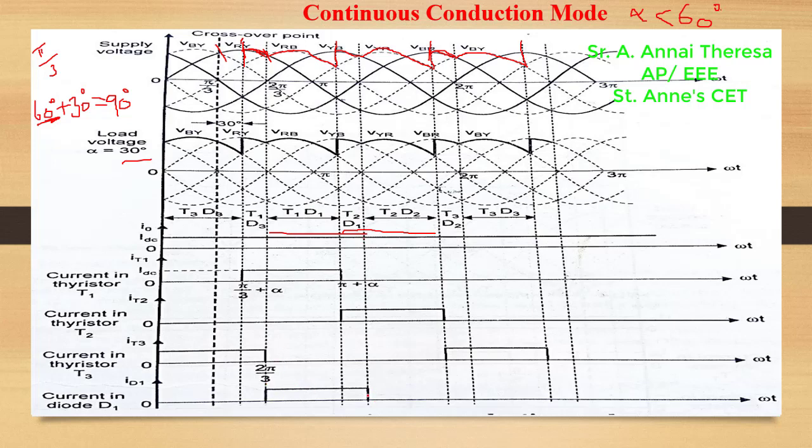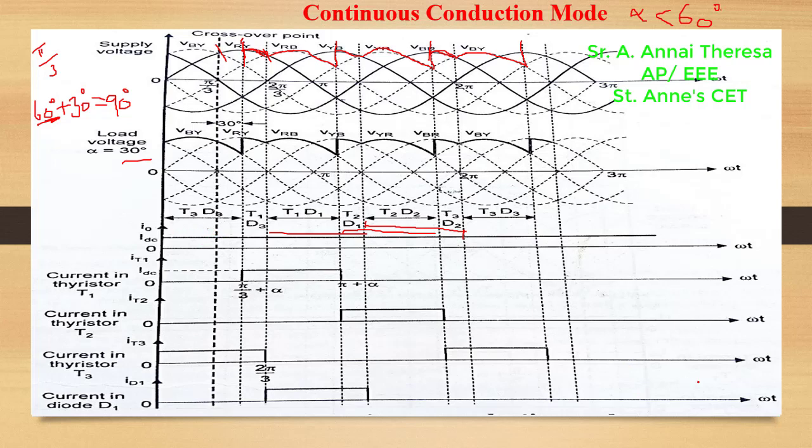Like this you can draw for D2 also, from this duration to here. This is for current through D2. For D3, this is the duration, and here also D3 is conducting. Like this you can draw.